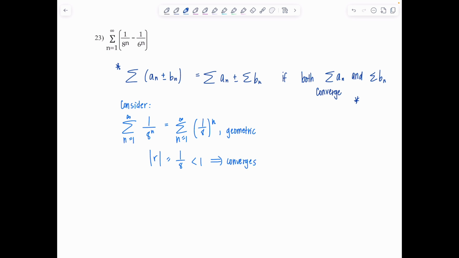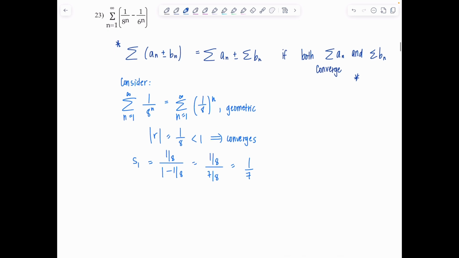I'll say the sum of this first infinite series is going to be the first term, if n is 1, is 1/8 over 1 minus 1/8. So that's 1/8 over 7/8. So that's 1/7.